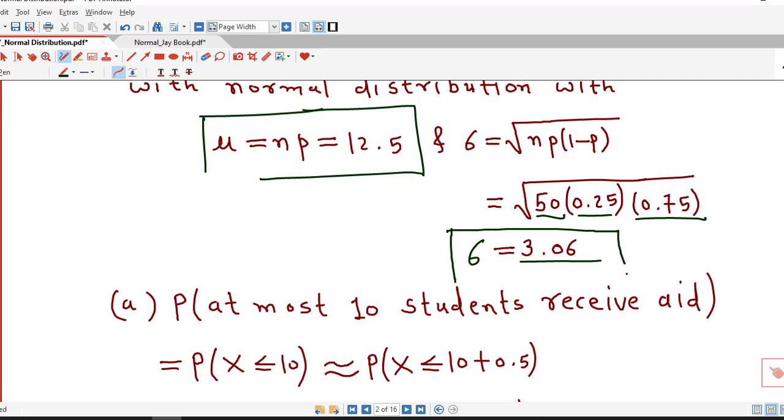So the parameters of the normal distribution are mu equal to 12.5 and sigma equal to 3.06.